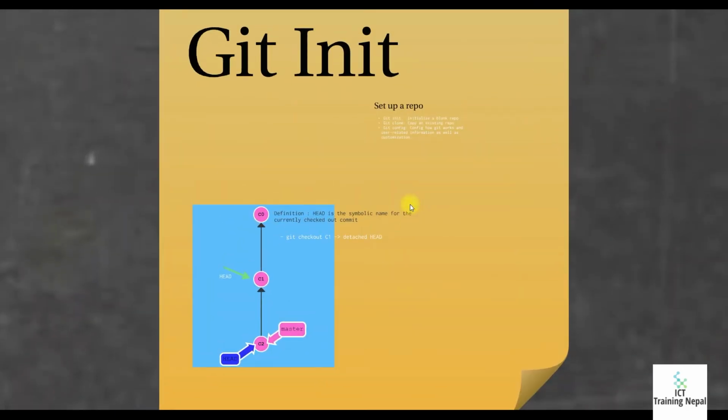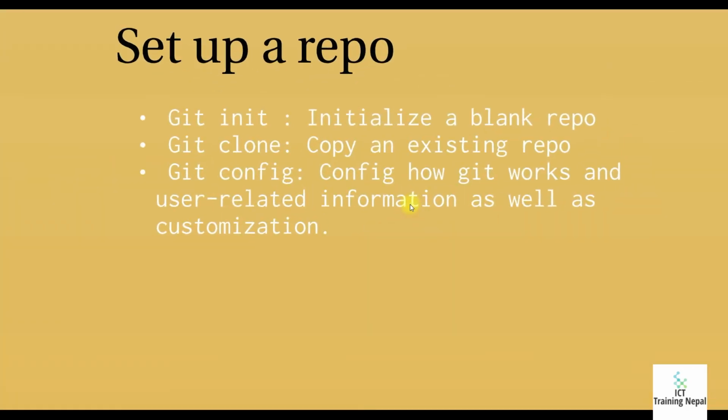Git init. First of all, what you have to do is set up the repo. Git init means initialize a blank repo, so we are initiating Git. You go to one of your folders and there you run the command git init.